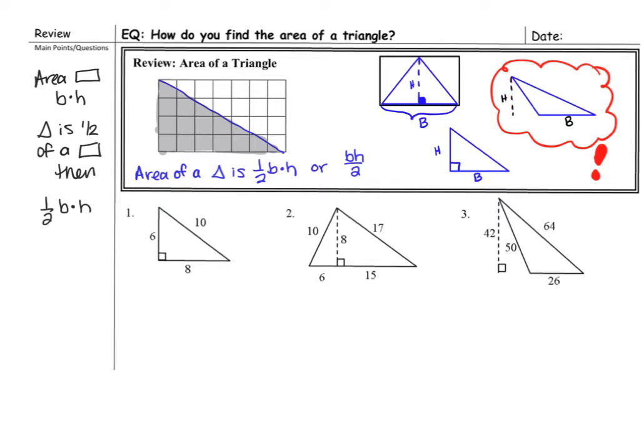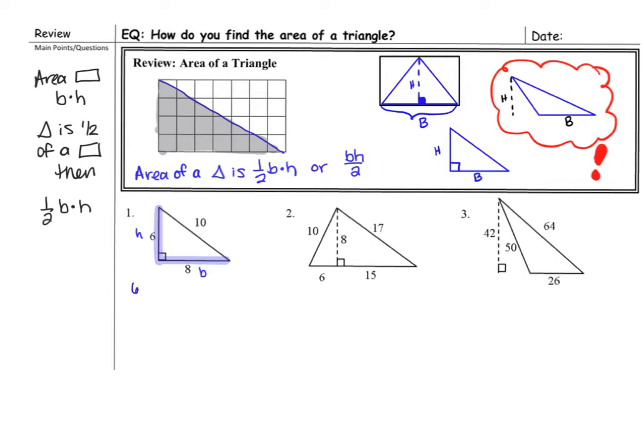So if we look at number 1, let's find the area. We have a height of 6 and a base of 8. This is our height, this is our base. Remember, our area is 1/2 base times height, or we could do base times height divided by 2, which is what I like to do.